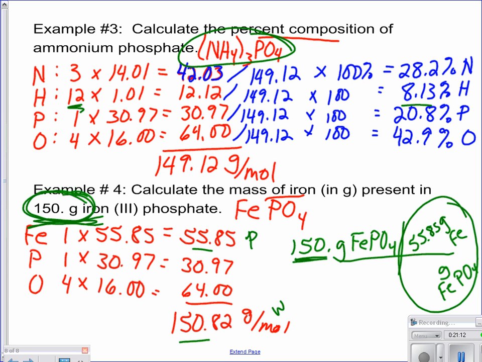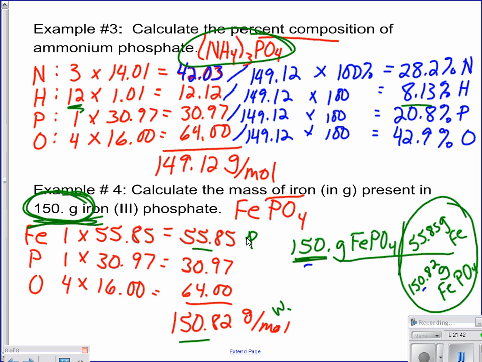It's that part that's iron divided by the whole entire thing, 150.82 grams. I know this is a little bit confusing because these numbers are so close and I keep meaning to change that and I keep forgetting to. But that's all you're doing. Essentially, you're taking that percentage, multiplying it times your original amount. Or you can think about it as setting up in dimensional analysis where your units do cancel.